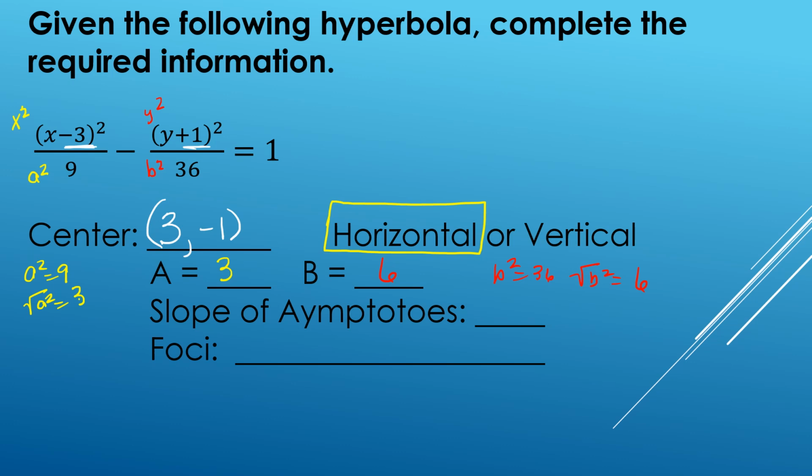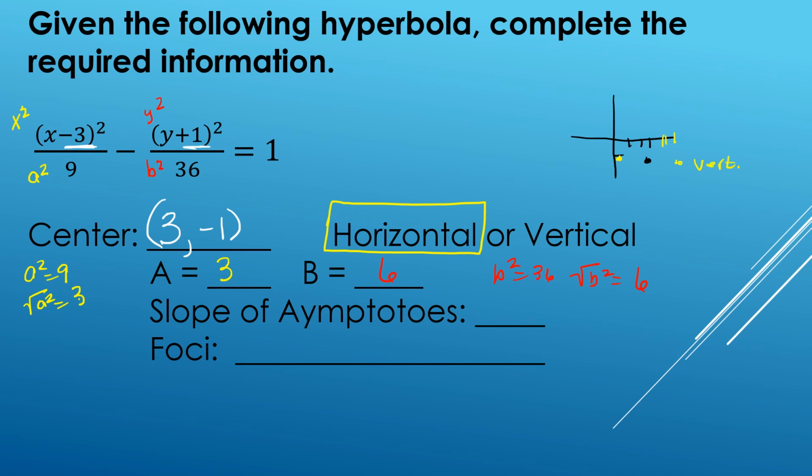So the slope of my asymptotes, if you need to just draw a rough sketch and kind of see what's happening to help yourself, by all means do so. So I have a point (3, -1) for my center, and I'm going to go to the right 3 and to the left 3, and those will be my 2 vertex points.